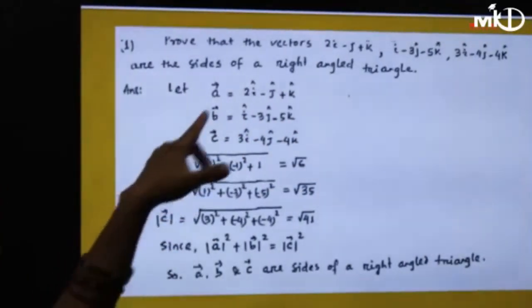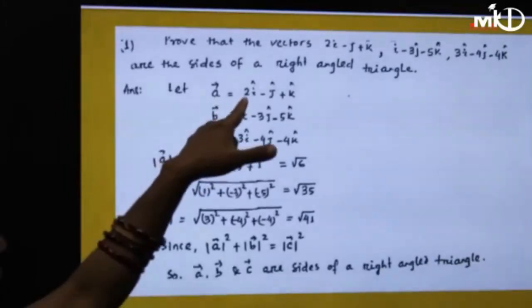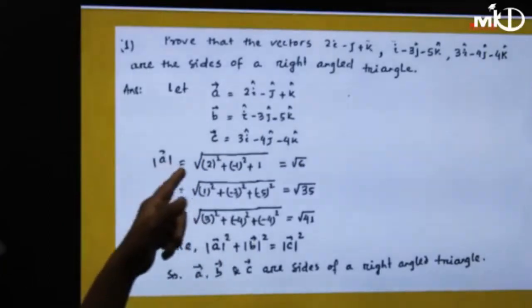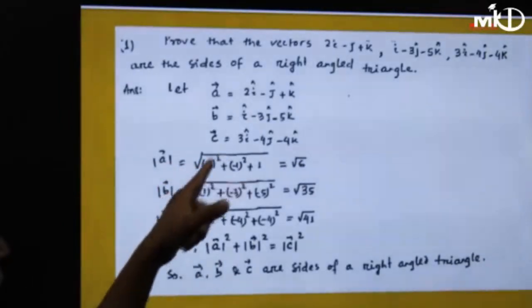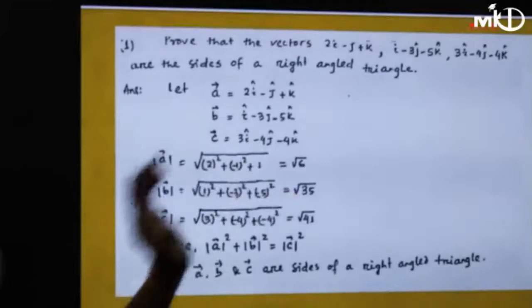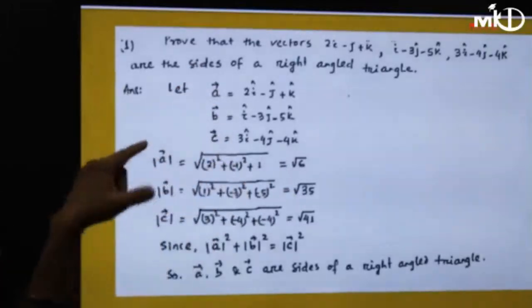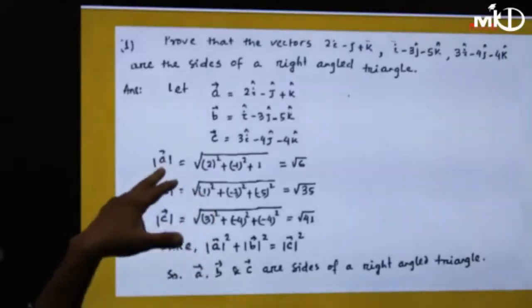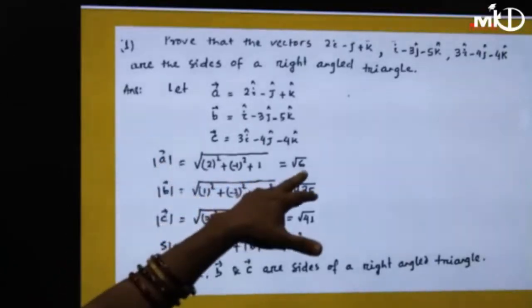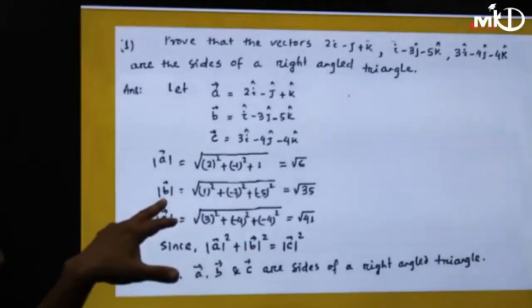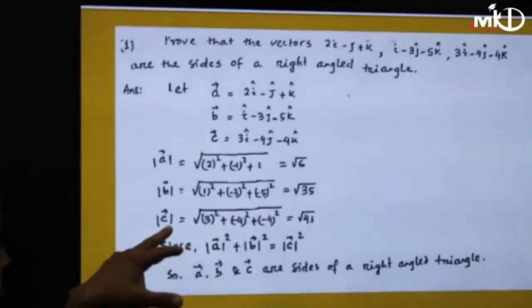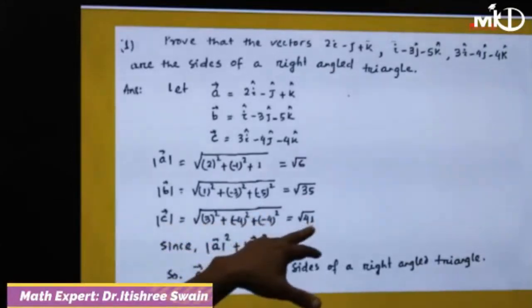You already know that if the vector a is equal to xi cap plus yj cap plus zk cap, then its modulus is defined by the square root of x square plus y square plus z square. By this formula we find all the magnitudes. Magnitude of a bar is root 6, magnitude of b bar is root 35, and magnitude of c bar is root 41.